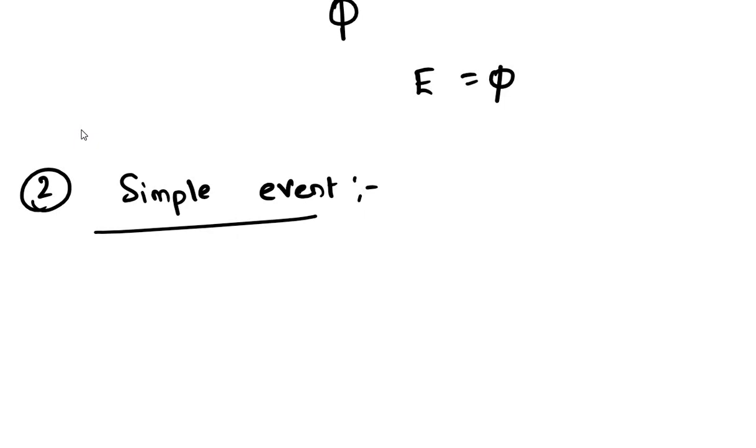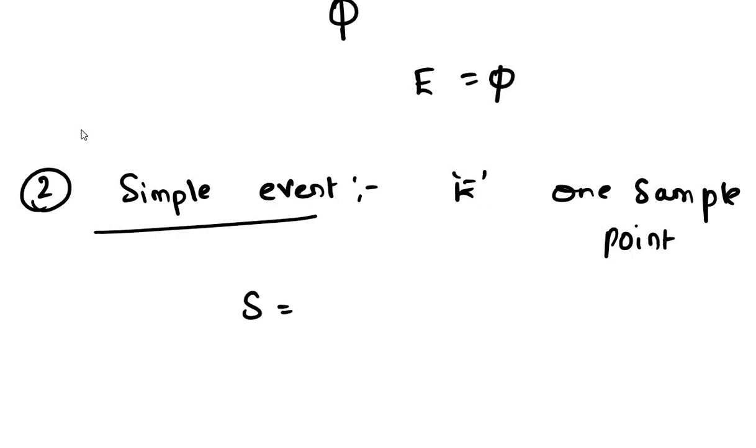Second type is the simple event. If an event E has only one sample point, then it is called a simple event or elementary event. We have already seen tossing two coins.